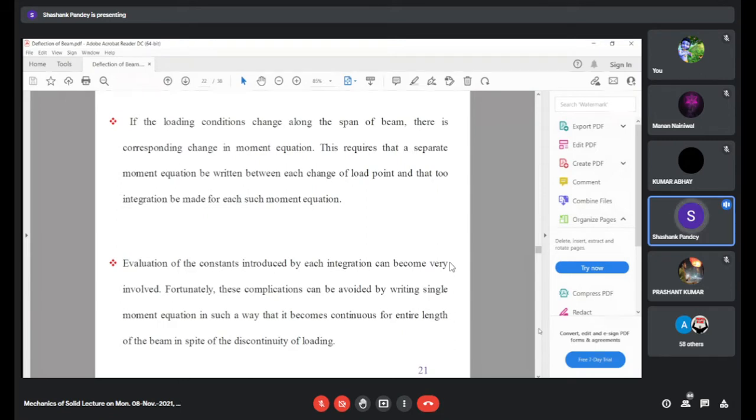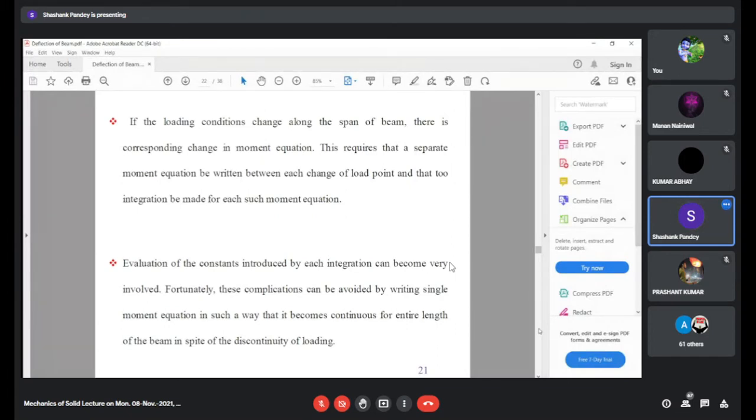So if the loading condition changes along the length of the beam, there is a corresponding change in the moment equation. This requires that a separate moment equation be written between each change of load point, and integration be made for each such moment equation. We will understand what is written over here.